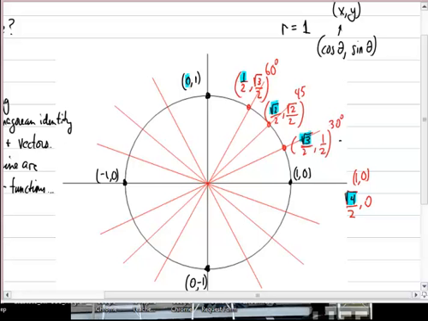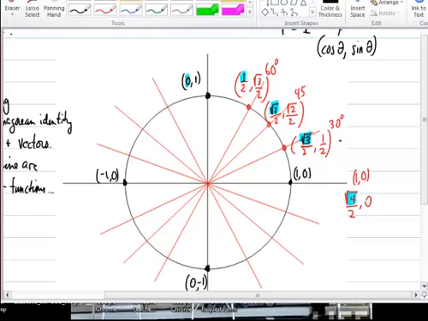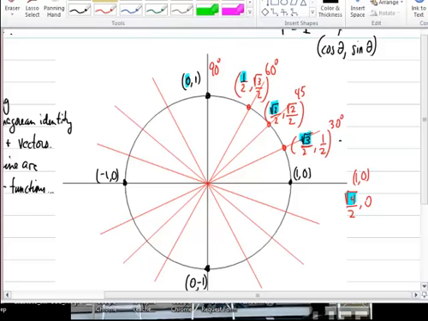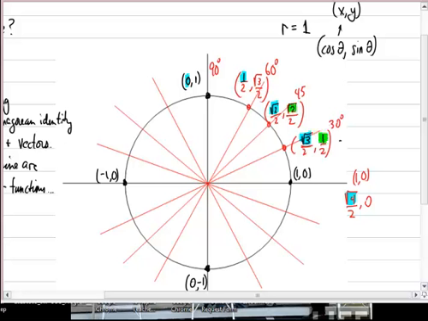You see a descending pattern for the x values as you go from 0 through 90 degrees. You see the opposite pattern occurring when you look at the y values. You start at 0, and then you go to root 1 over 2, root 2 over 2, root 3 over 2, and root 4 over 2, which is equal to 1 on the other side.